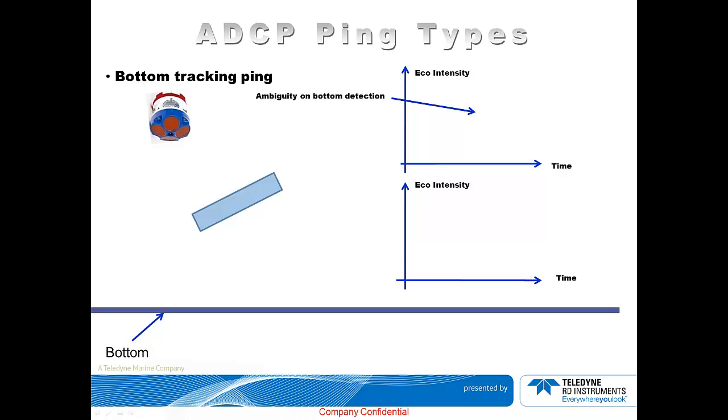This slide shows a simple animation comparing the echo intensity produced by a short pulse versus a long pulse. Please pay attention also to the graph on the right of your screen and notice the echo intensity produced by each pulse. Here's the short pulse. And here's the long pulse.